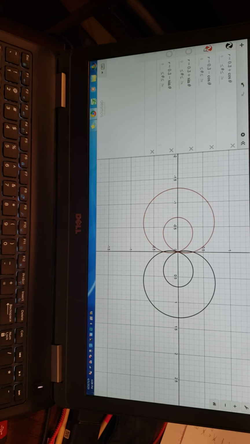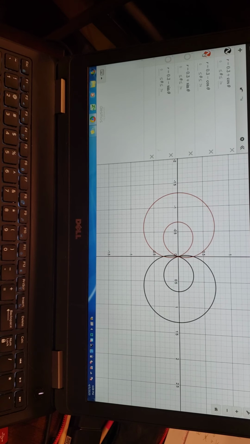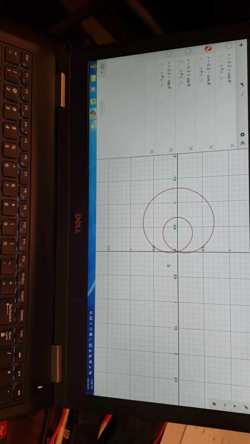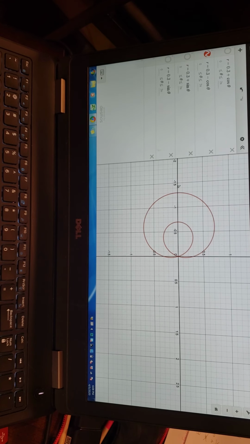Okay, so we can see, looks like a mirror reflection here going on. It appears like it's basically the same exact limaçon, except just going in the other direction. So let's check. The inner loop has a length of 0.7. The entire limaçon is 1.3.